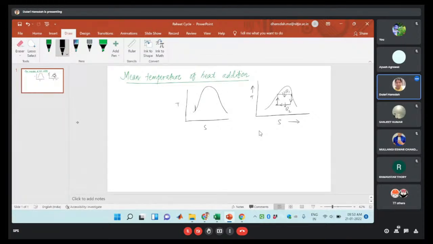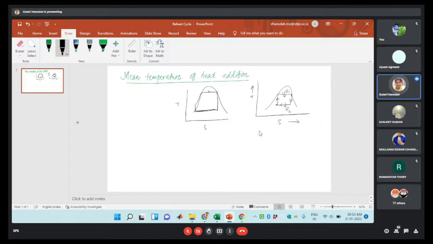There the heat addition process is at constant pressure. Here I have taken it up to the saturated vapor. You can take it up to the superheated state also if it is superheated steam. To compare these two, I have taken the saturated state of the vapor, which is entering the turbine.